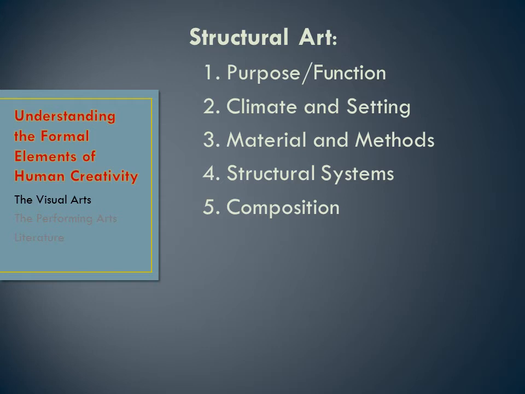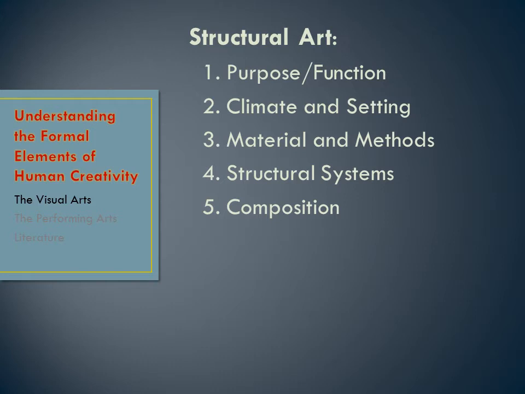As in both two-dimensional art and three-dimensional art, we can use the same kinds of terminologies, at least in principle, principles of composition, in talking about how a building is put together.